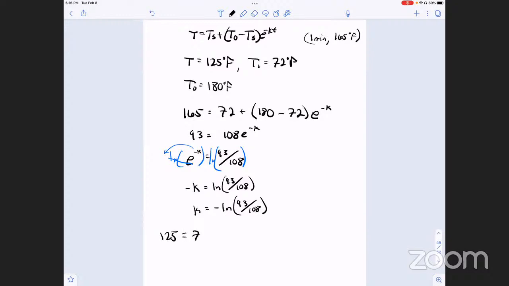So 72, 180, 72, e to the, I'm just going to label this as star, star times t.